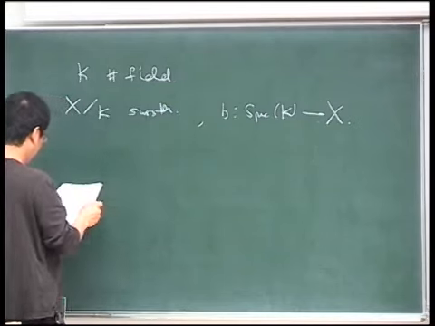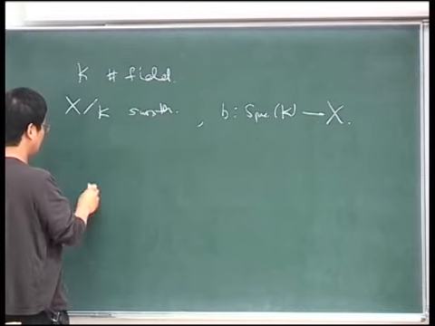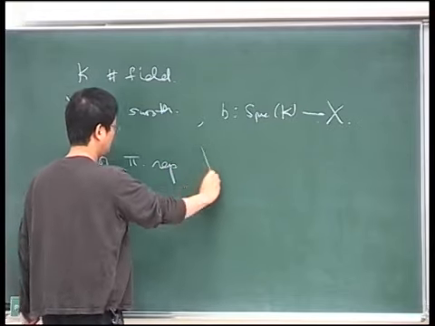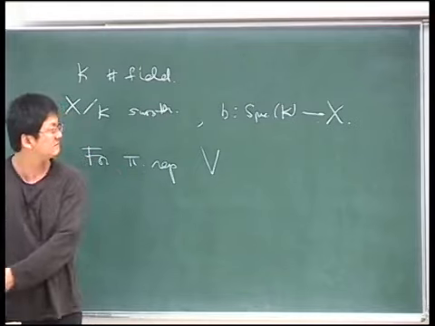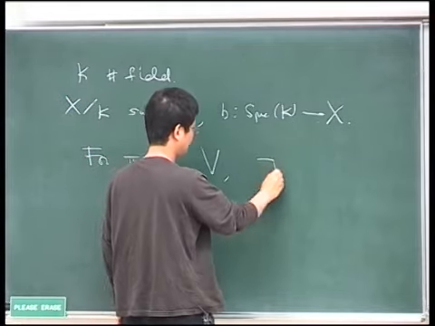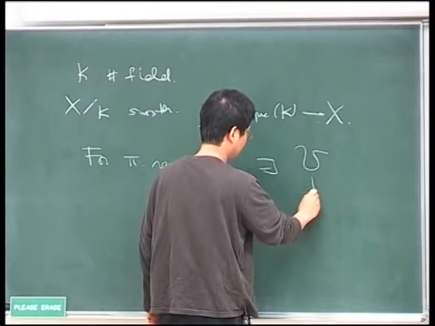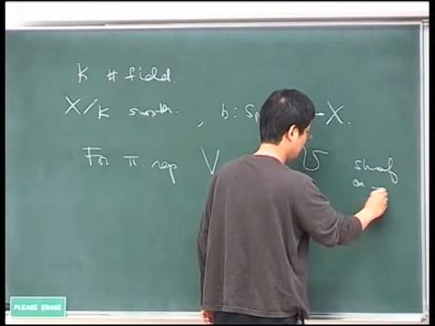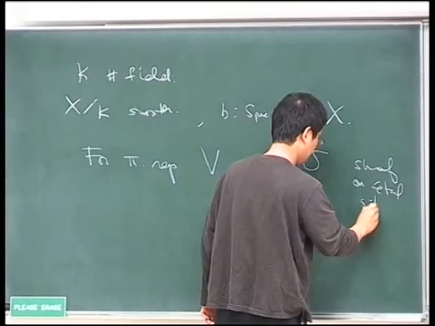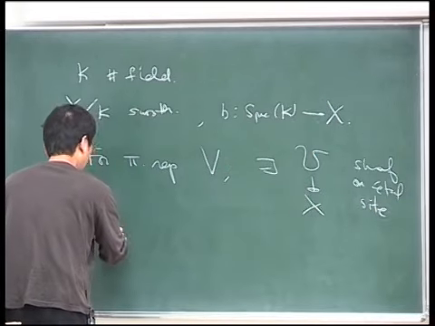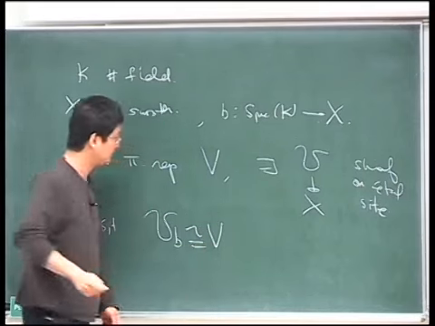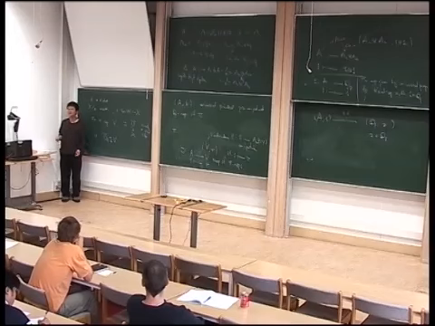Right. Now, the basic correspondence we discussed last time was that for every pi representation V, there exists a sheaf V on X, a sheaf in the étale topology, such that the stalk of V at b is canonically isomorphic to our representation V. There's this correspondence, a functor going from representations to sheaves.